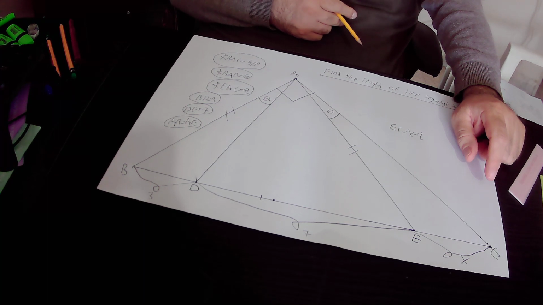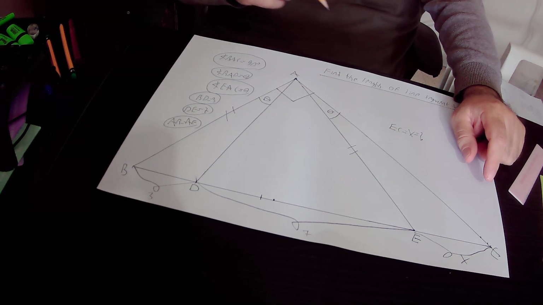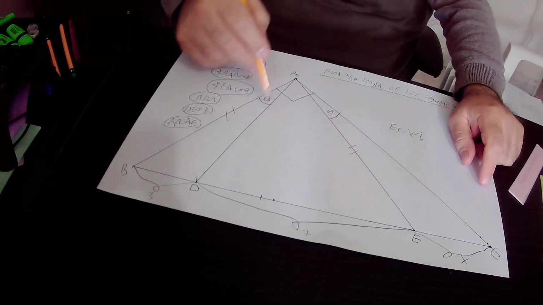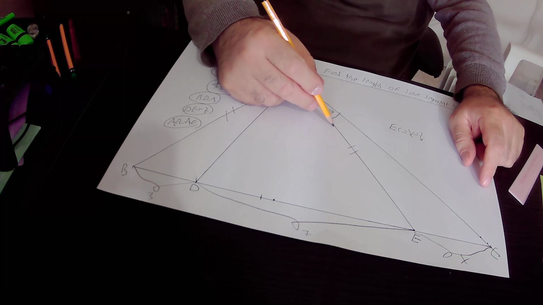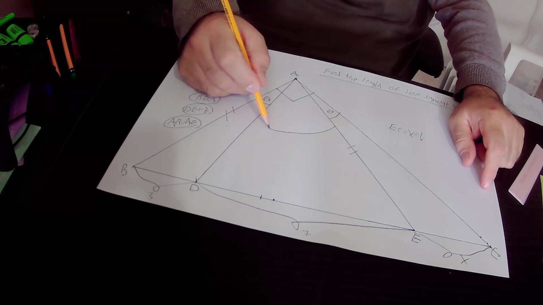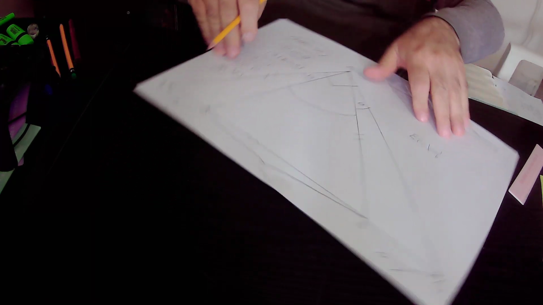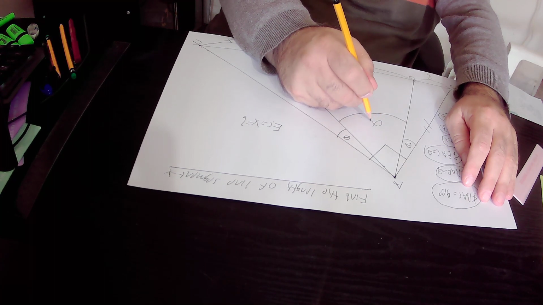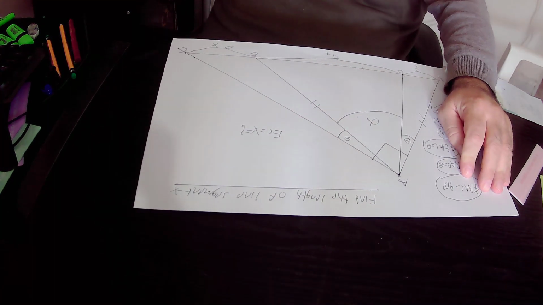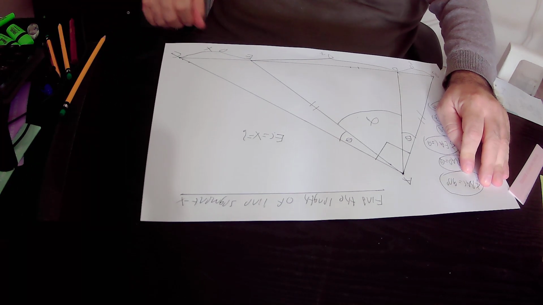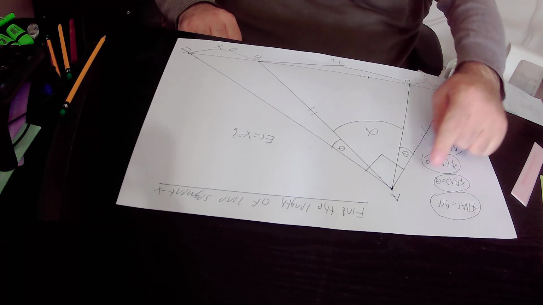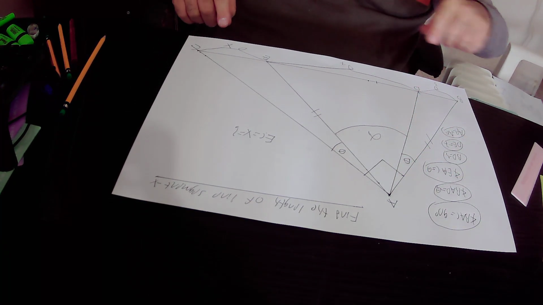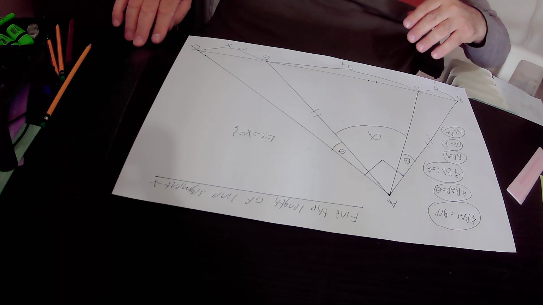Okay, so first of all, we will define angle DAE, this angle, as alpha. That is to say, this angle is equal to alpha according to our definition. And from point A, we will draw a perpendicular to BC.